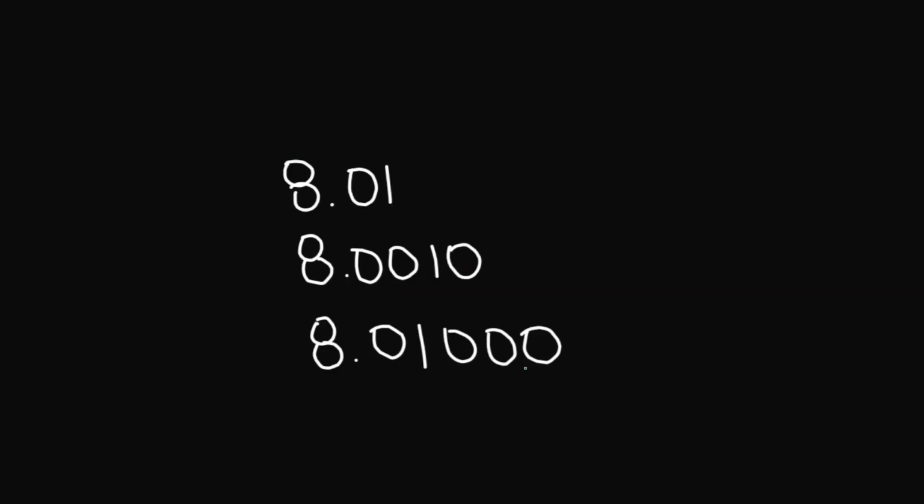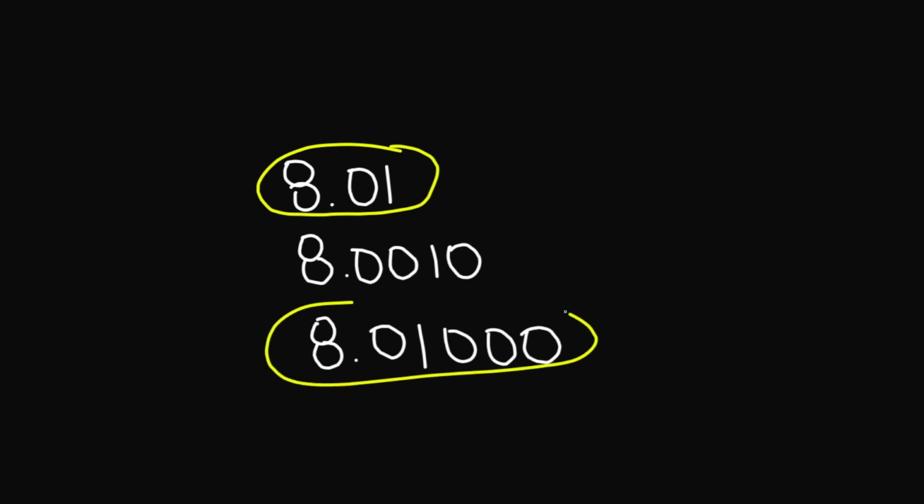Let's look at one more example. Which two numbers here are equivalent? The numbers that are the same are 8.01 and 8.01000. The number in the middle is not the same.